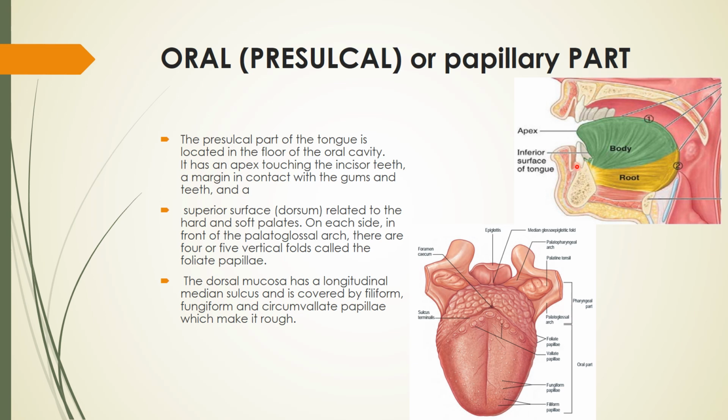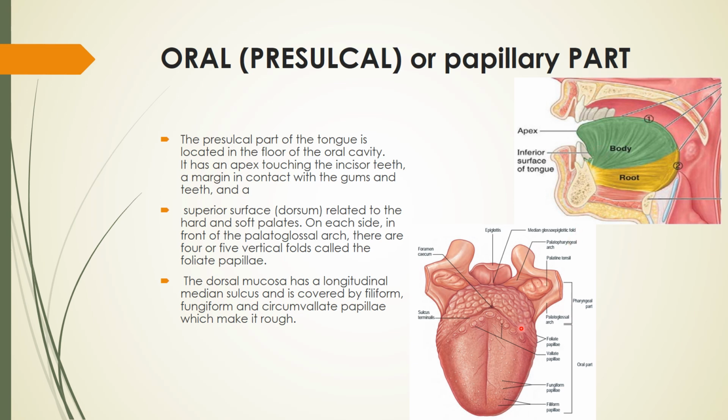The presulcal part of the tongue, which is present anterior to sulcus terminalis, is located in the floor of the oral cavity. It has an apex touching the incisor teeth, margins which are in contact with gums and teeth, a superior surface, which is related to hard and soft palates, and an inferior surface.